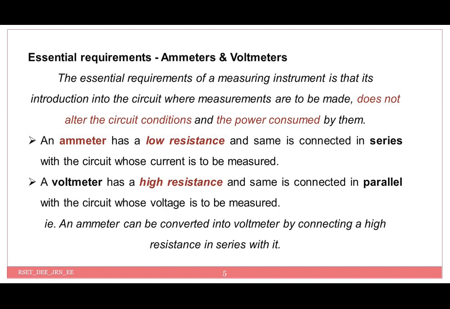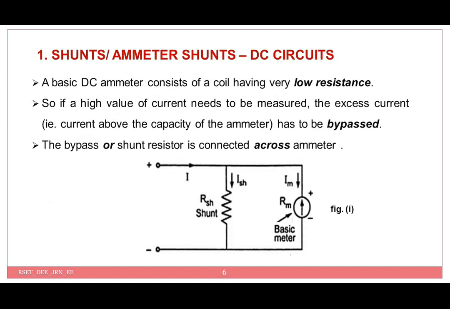Current measuring instruments are connected in series, and a voltmeter has a high resistance and is connected in parallel with the circuit whose voltage is to be measured. So, voltage measuring instruments are connected in parallel. That is, an ammeter can be converted into a voltmeter by connecting a high resistance in series with it.